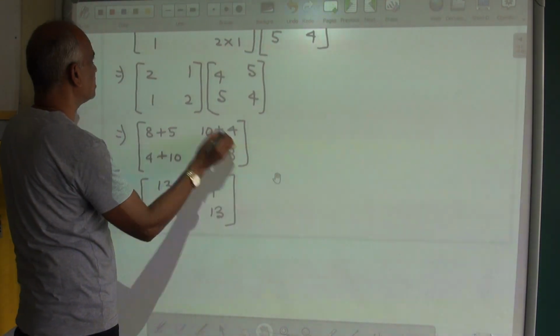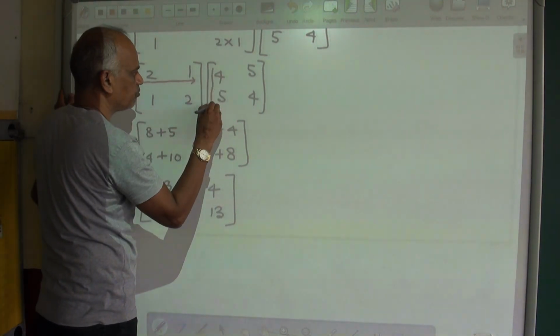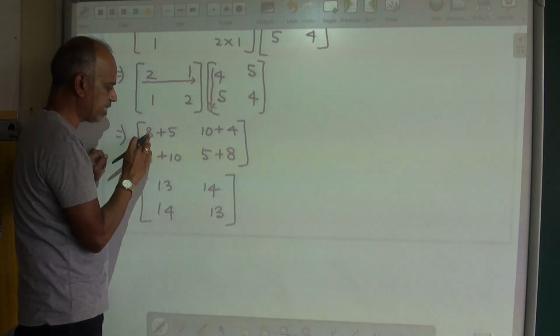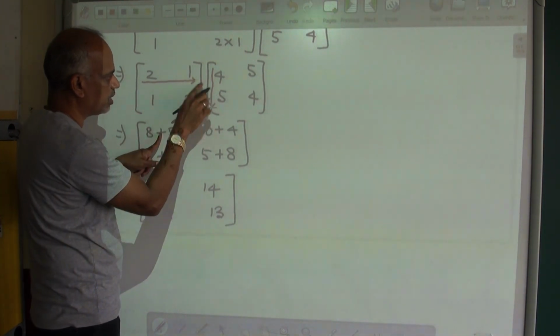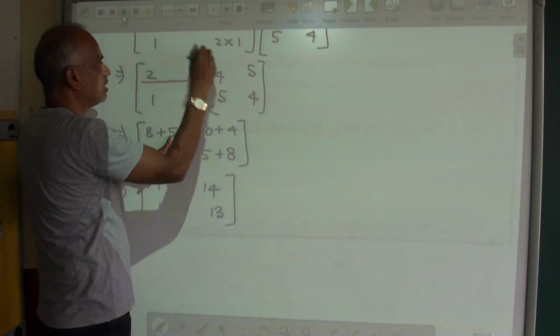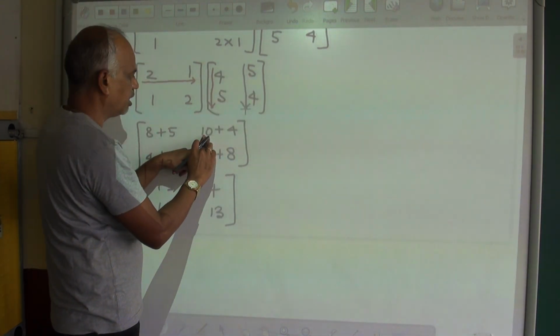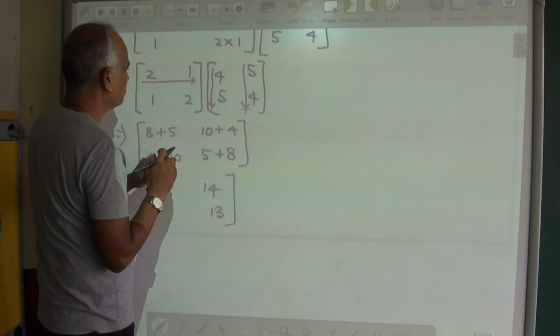Multiply these two matrices. So, we multiply first row with first column. That means 2 into 4, which is 8, plus 1 into 5, which is 5. Next, first row with second column: 2 into 5, which is 10, plus 1 into 4, that's 4.